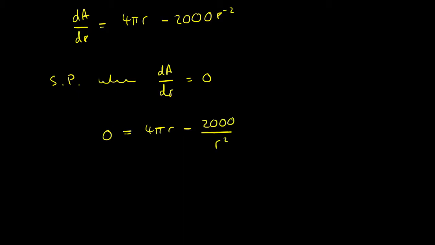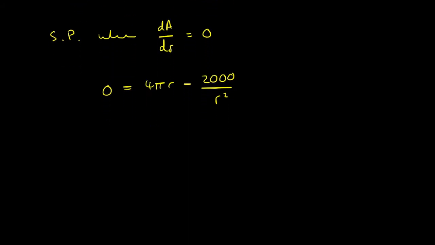Again, I've converted from indices form, r to the power negative 2, to fractions because it makes it easier for me to deal with. Well, I think what I'll do is I'll get rid of that denominator. I'm going to multiply everything through by r squared. So this will become 4 pi r cubed minus 2,000.